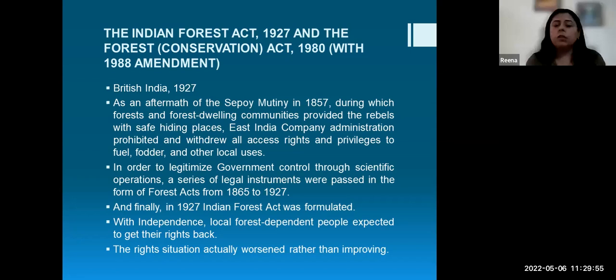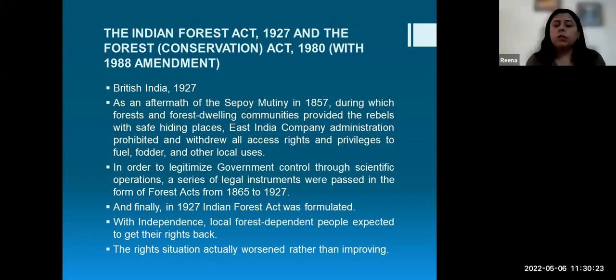So basically, British India enacted the Indian Forest Act 1927 just to weaken the kind of revolt that was happening at that time against the East India Company. In order to legitimize government control through scientific operations, many legal instruments were passed after that, from 1865 to 1927.